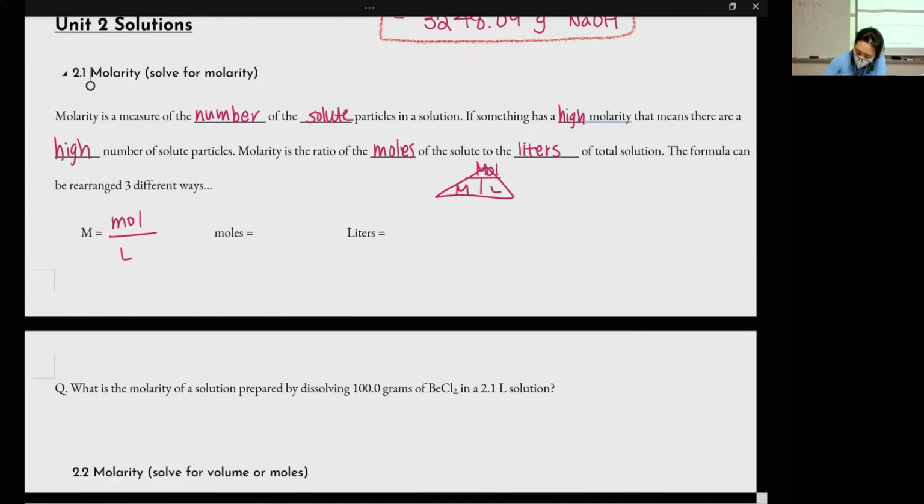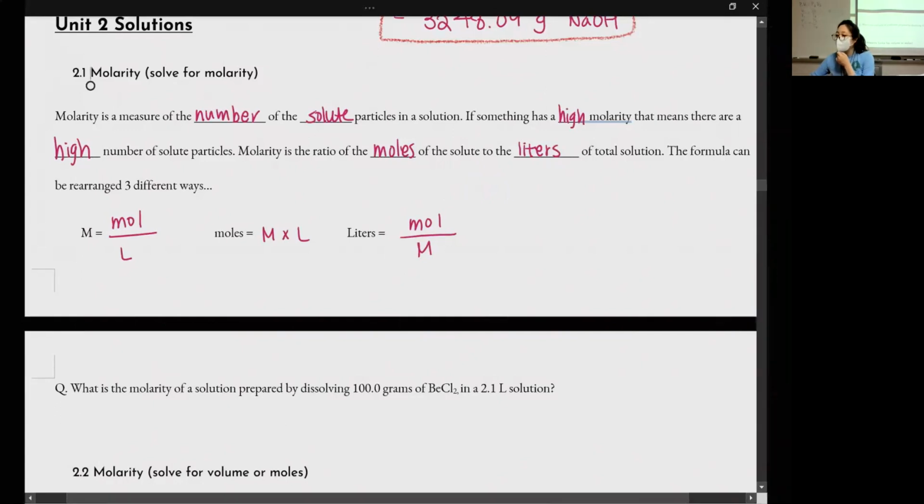Moles are equal to molarity times liters, or liters are equal to mole over molarity. So there are 3 equations.